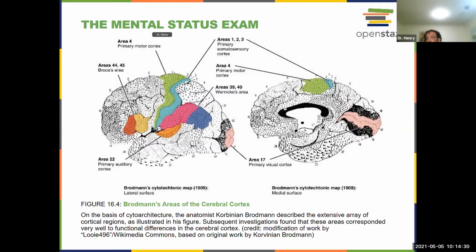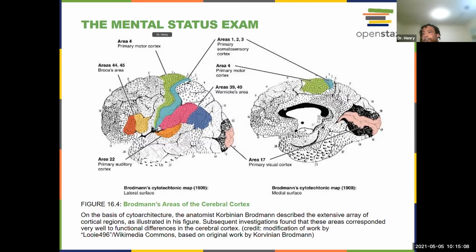Brodmann's cytoarchitectural aspect of the cerebral cortex. Brodmann is a German scientist who's actually a neurologist and a histologist. He mapped out the regions of the cerebral cortex and pinpointed what region was associated with various things.